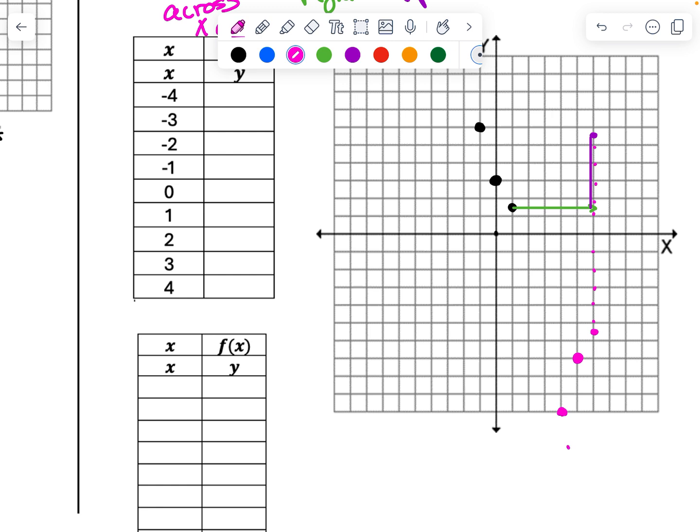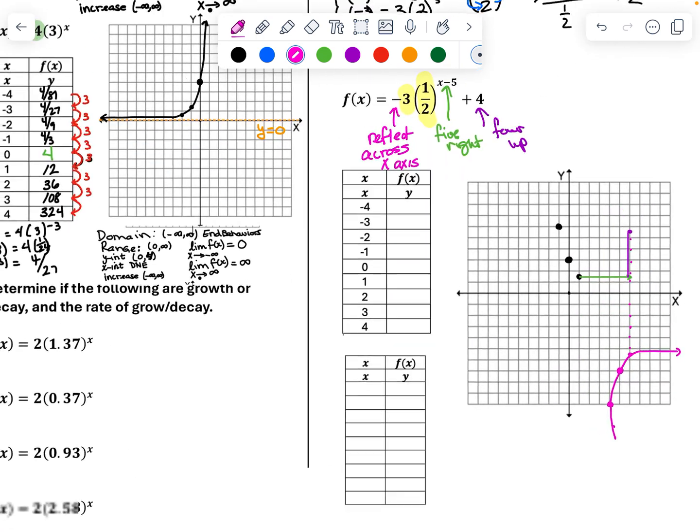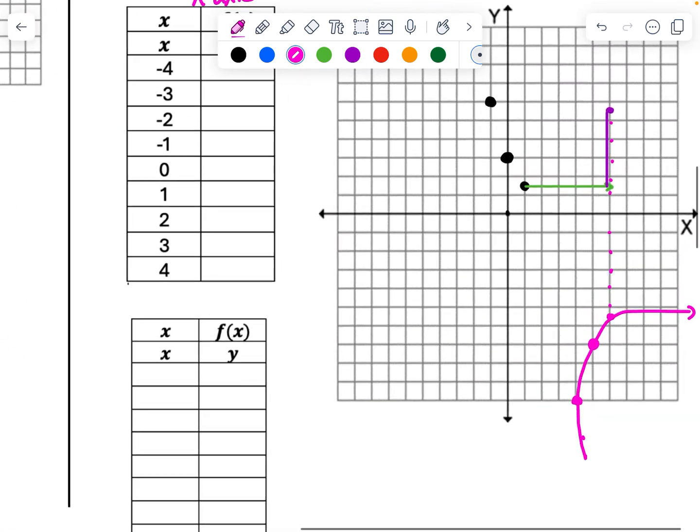So this curve looks like it's going to do this. And our horizontal asymptote should be y equals 4. 1, 2, 3. I'm a little bit off. I was off on that one a little bit. Hang on. At any rate, so our asymptote should be here.